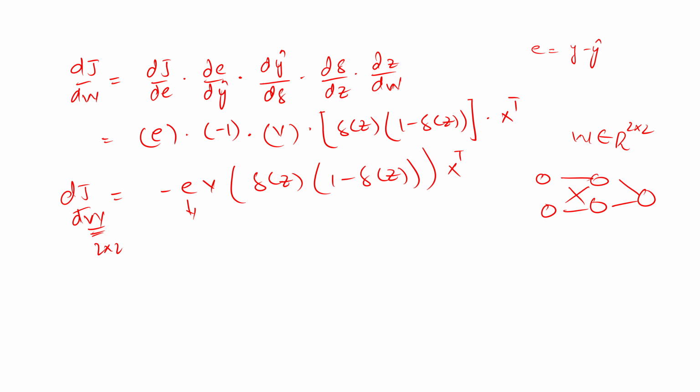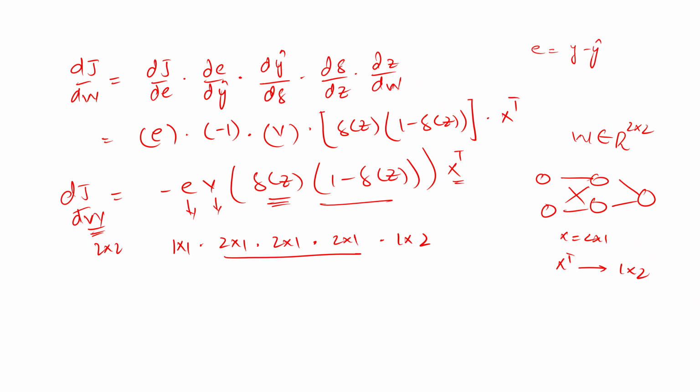It will be a real number because y is a scalar output, so 1 cross 1. Now, v was a vector, 2 cross 1. The sigmoid term was also 2 cross 1, and this will also result in 2 cross 1. The vector x was 2 cross 1, but since this is a transpose, it will be 1 cross 2. Now you might be thinking that these multiplications are not possible, right?